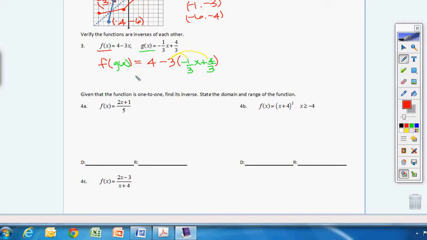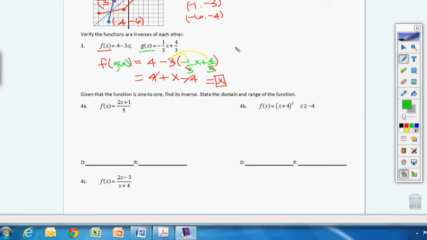So -3 times -1/3: the 3's are going to cancel, and a negative times a negative will give you a positive x, because you would end up with a 1, but then we have our x over here. If you want to put 1x, that's totally fine. And then negative 3 times 4/3 again: that's going to cancel this 3 at the bottom, so you're going to be left with negative 4. And then positive 4, negative 4, I'm left with an x.